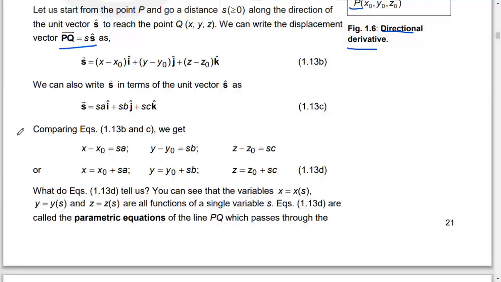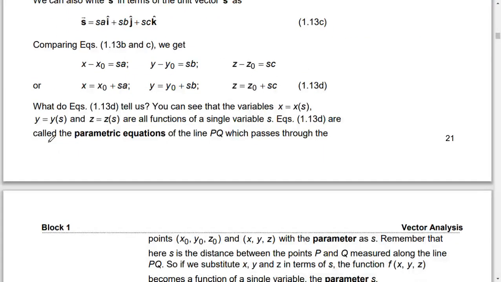Comparing equations B and C, we get x minus x0 equal to sa, y minus y0 equal to sb, z minus z0 equal to sc, or x is equal to x0 plus sa, y equal to y0 plus sb, z equal to z0 plus sc. What do these equations tell us? You can see that the variables x equal to x of s, y equal to y of s, and z equal to z of s are all functions of a single variable.